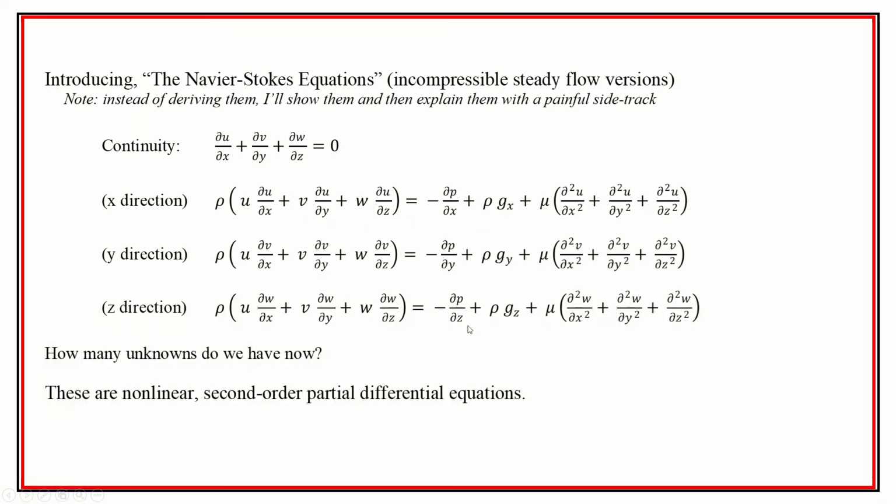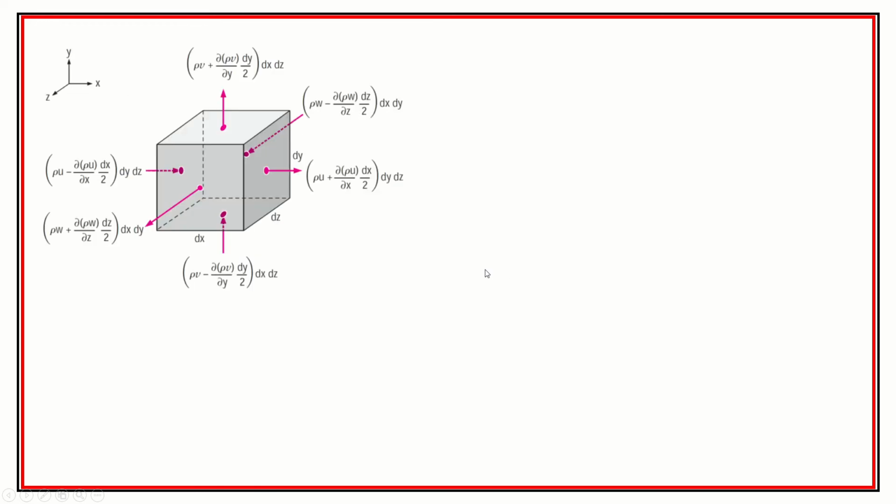That is what we need to get out of here to be able to solve these equations, but it's not that easy to do. So one thing I want to do is, these later equations are a little harder to look at, but it's fairly easy to show you that the continuity equation is actually right up there. So you take a little cube, and we say we have inlets and outlets on all sides, right?